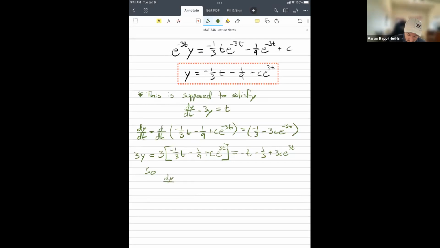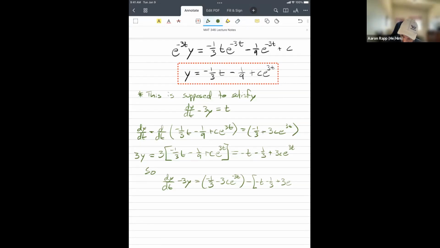So dy over dt minus 3 times y is equal to -1/3 plus 3 times a constant c e to the 3t, minus 3 times y, which was minus t minus 1/3 plus 3. Whoops, why did that get a negative? That shouldn't get a negative.